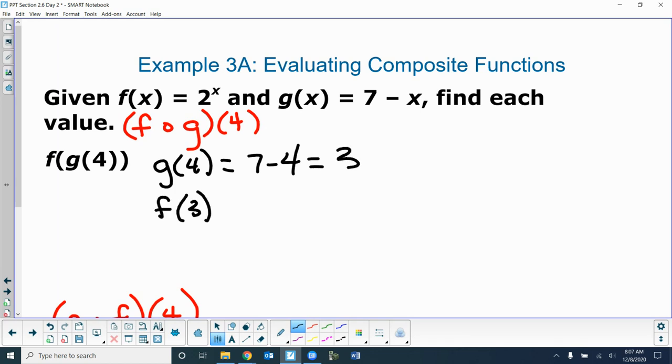So whatever you got for the answer for g, you put in the f function then. So that means 2 to the third. So what's that answer? What's 2 times 2 times 2? 8. Yeah. So you're finding 2 answers, but the second answer is the answer to the problem. Does that make sense?